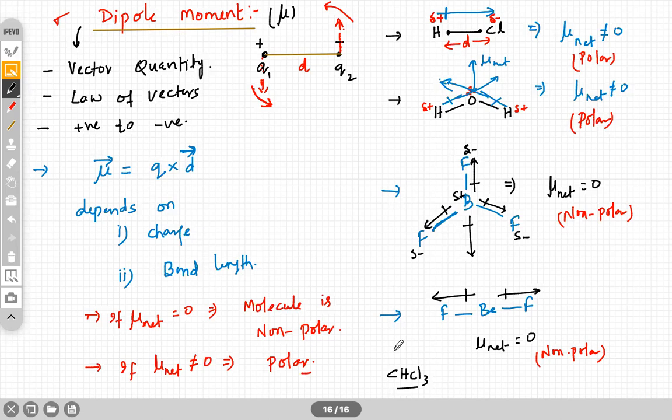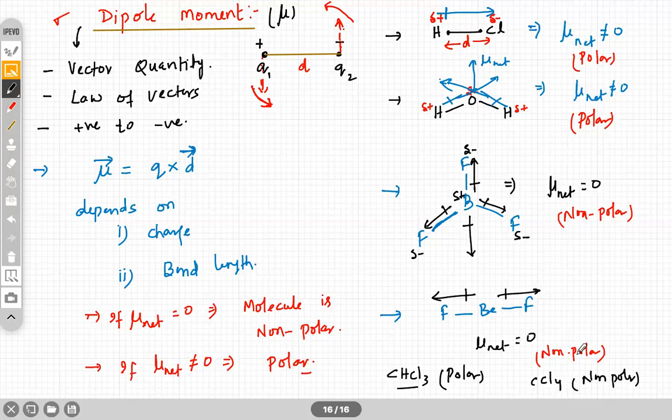However, carbon is slightly more electronegative than hydrogen, but the difference is not significant. But the carbon-chlorine bond has polarity, right? And hence the molecule is also polar in nature. What about CCl4? CCl4 is non-polar. Carbon tetrachloride is non-polar, like CH4.